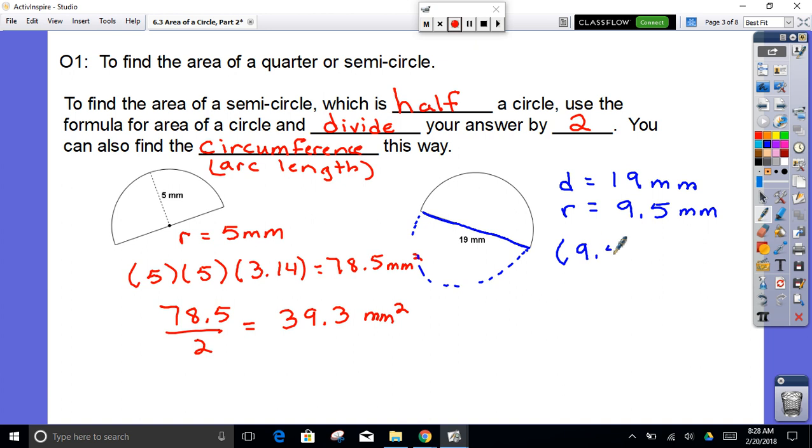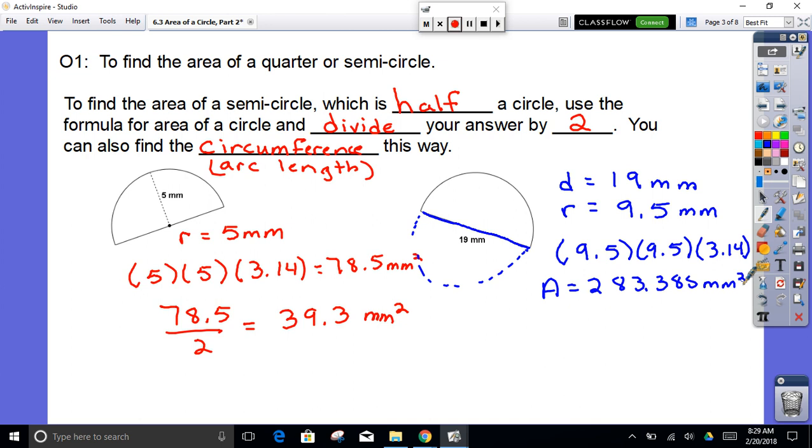And multiply it by pi. So if that were the whole circle, the area of that circle would be 283.385 square millimeters.